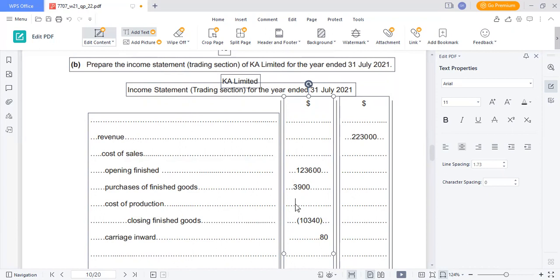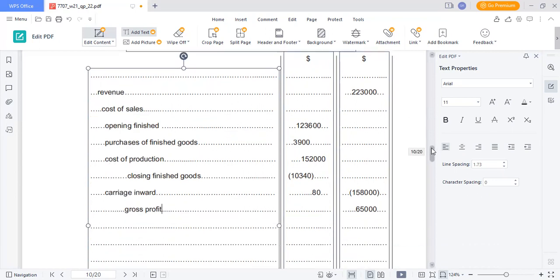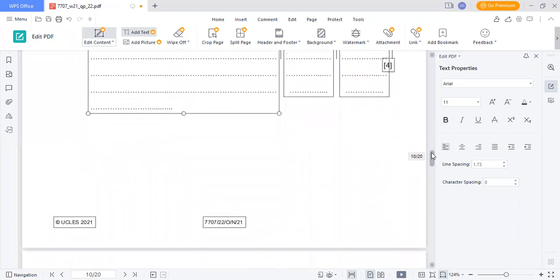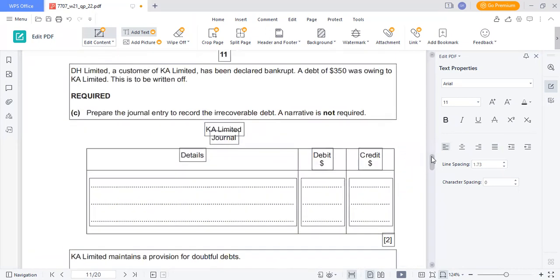Cost of production was 152,000. That will give us 158,000, and 223,000 minus 158,000 will give us 65,000. That is the gross profit, and this comes under the trading section. And the other part is the profit and loss section that gives us the profit for the year.